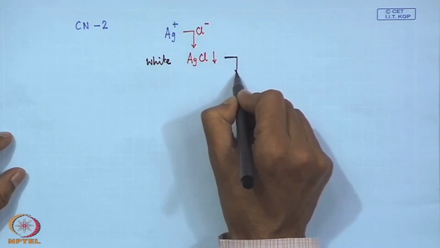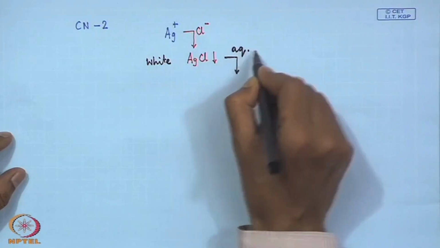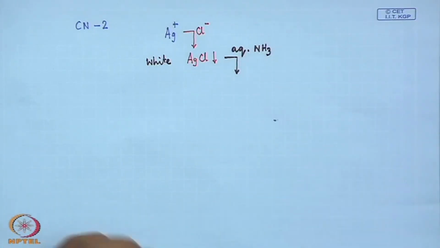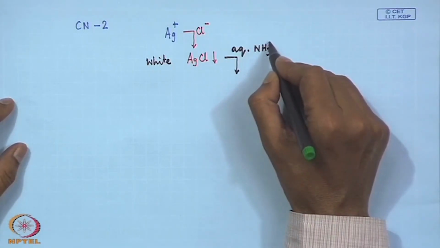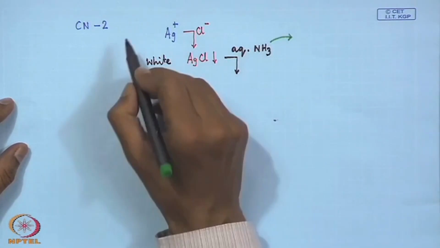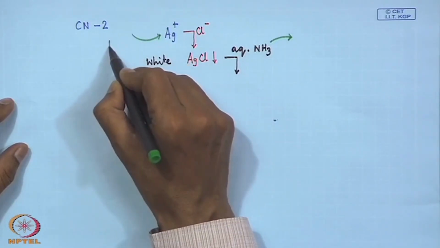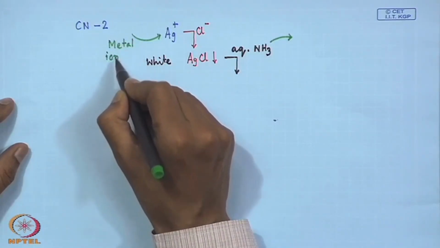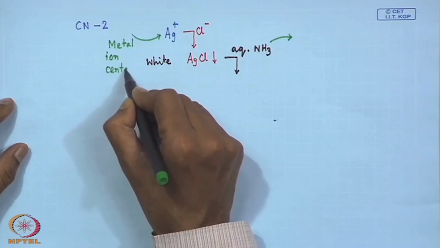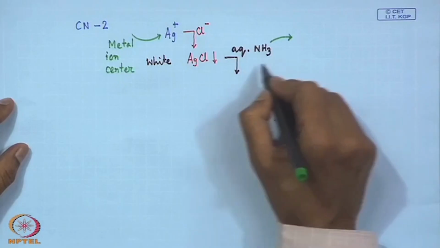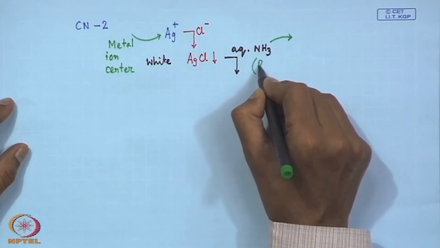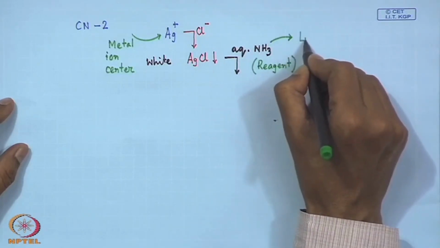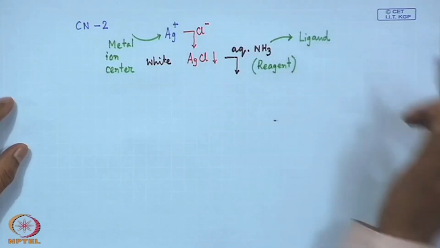So, what we do is simply add aqueous ammonia solution, and when we add it, we should at the same time consider that we are looking at something where the silver ion is the metal ion center, and aqueous ammonia, which we are adding as reagent, can be a good ligand.